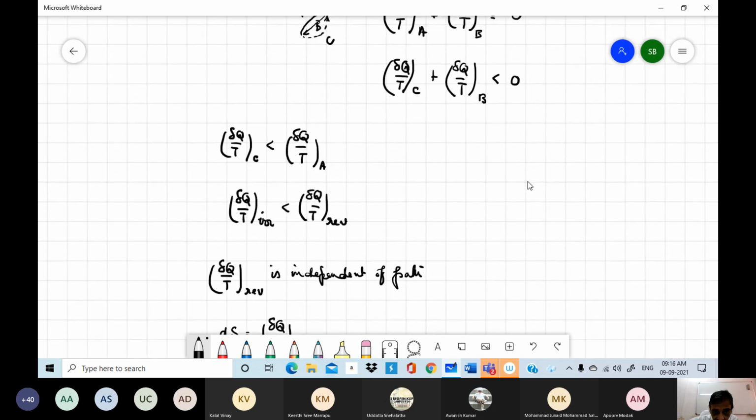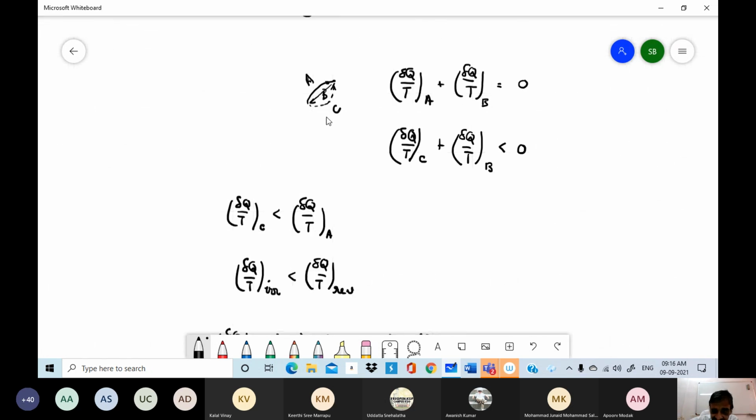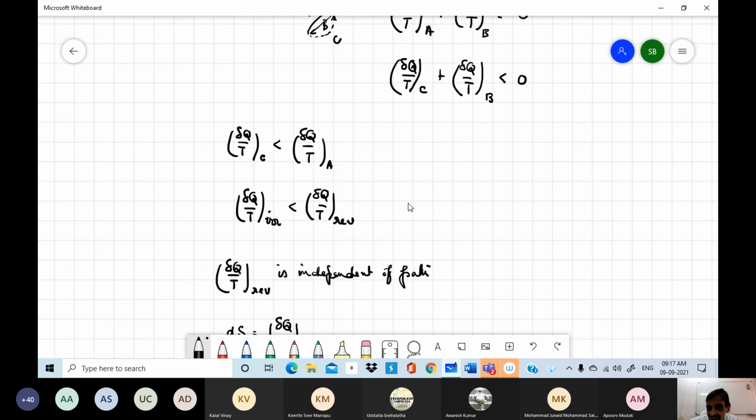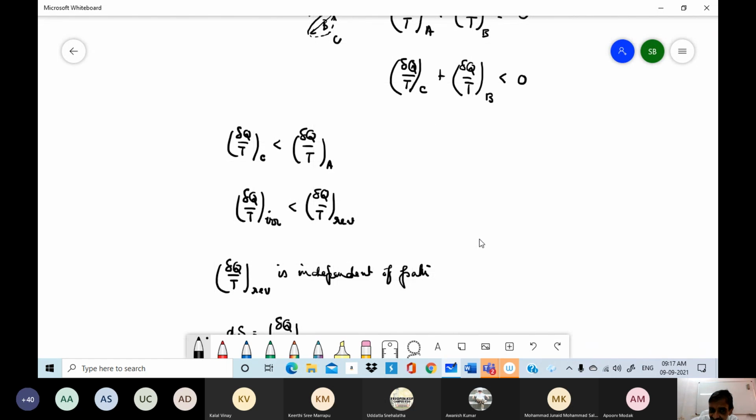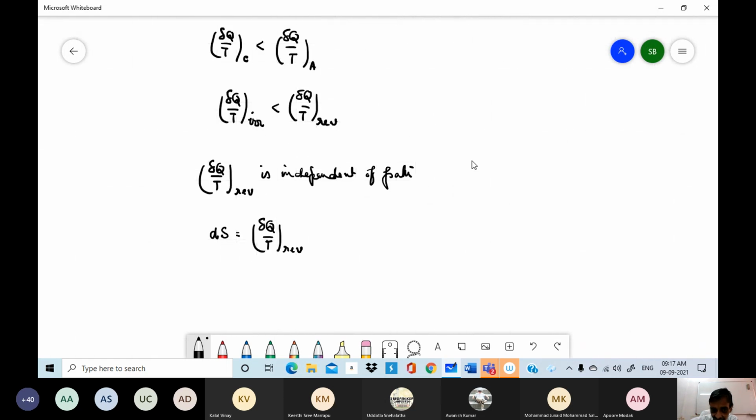Now, for path C and path A, those were two paths. Path A was reversible, path C was irreversible, but the endpoints were the same. So therefore, the dS for both the paths is the same, but then the delta Q by T is not the same. It is less for irreversible than for reversible.